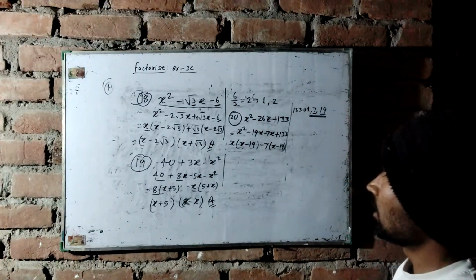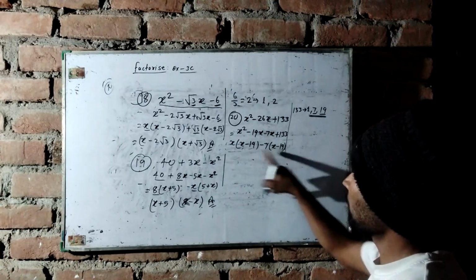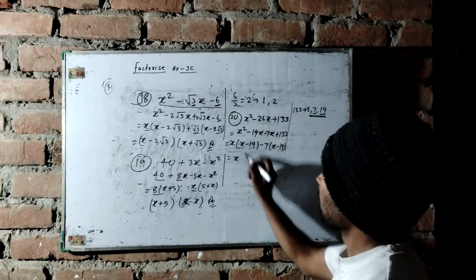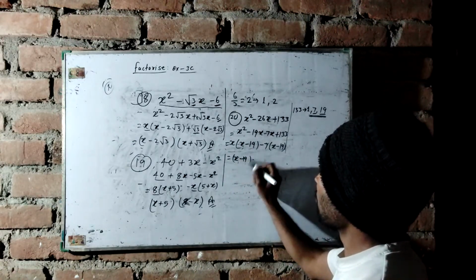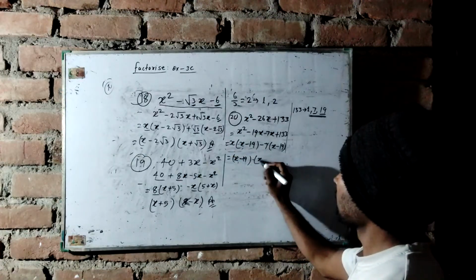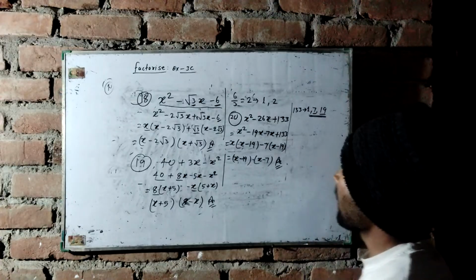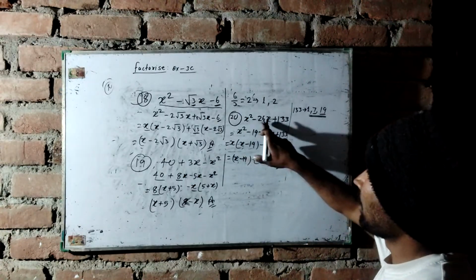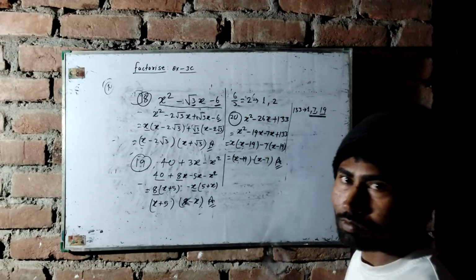Now we can see clearly x minus 19 is present in both terms. So we can take x minus 19 as a common and x minus 7 as a multiple. These are the required factors of the polynomial x squared minus 26x plus 133.